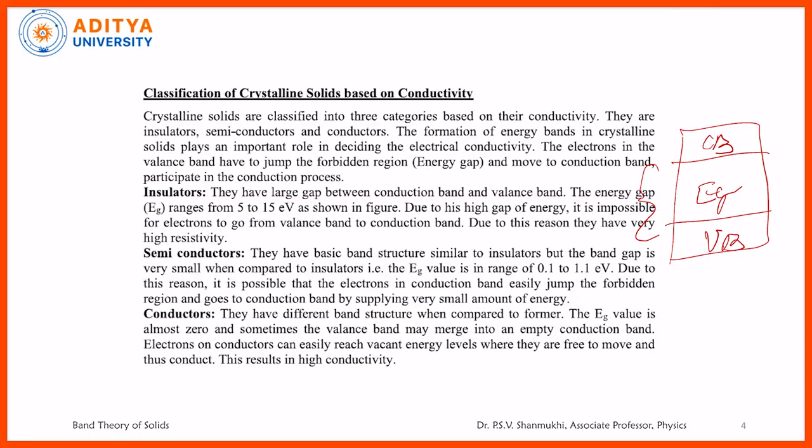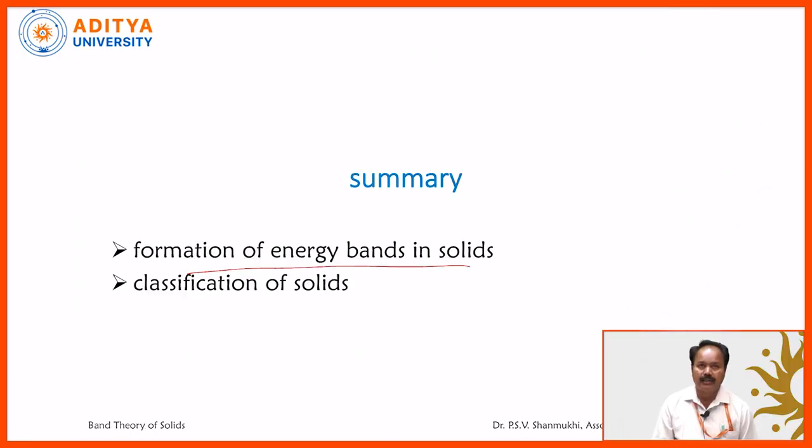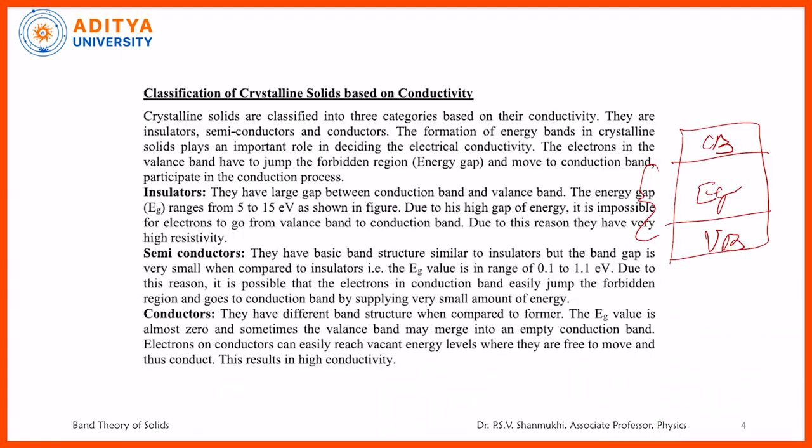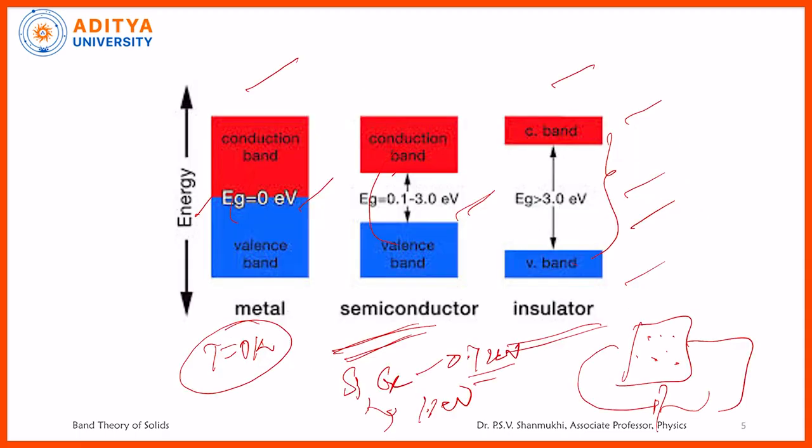Only the uppermost 3 energy bands are significant; lower energy bands are insignificant. In the upper energy bands, the forbidden band between the conduction band and valence band is called the energy gap. Based on the energy gap, solids are classified into 3 categories: conductors, semiconductors and insulators.